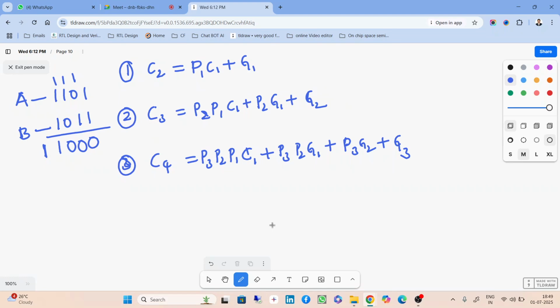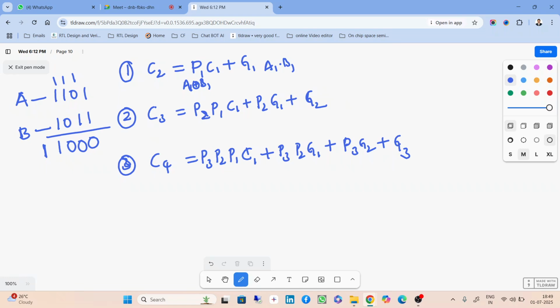Anyway, P1 equal to what? P1 equals A1 XOR B1, no? And G1 equals A1 B1. Okay.